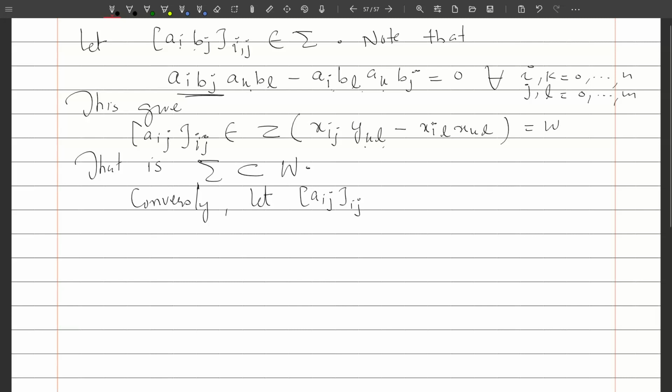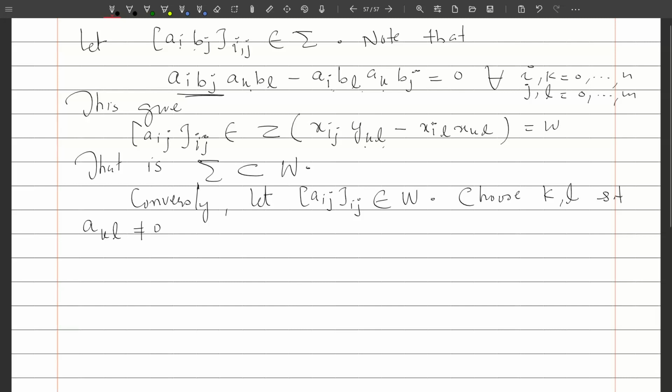So this is a point inside W. If this is the case, we choose some coordinate, say k and l, such that the klth coordinate of this vector, which is a_kl, is non-zero.